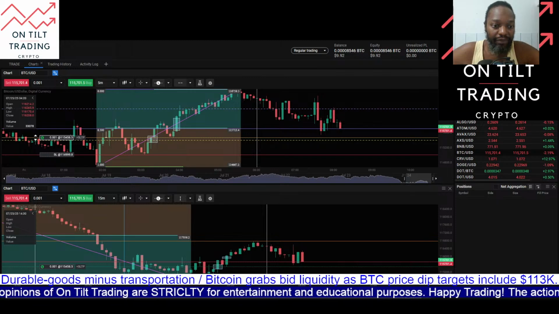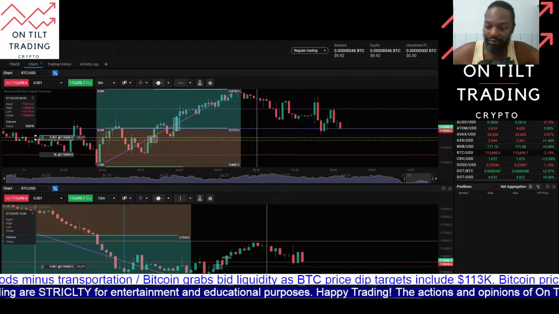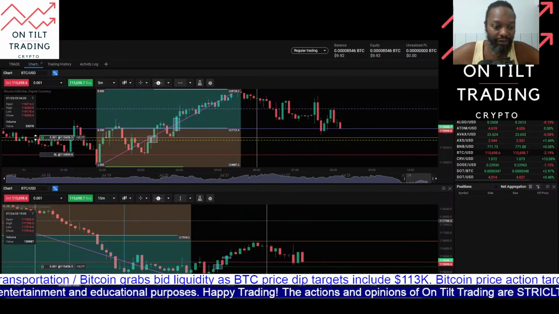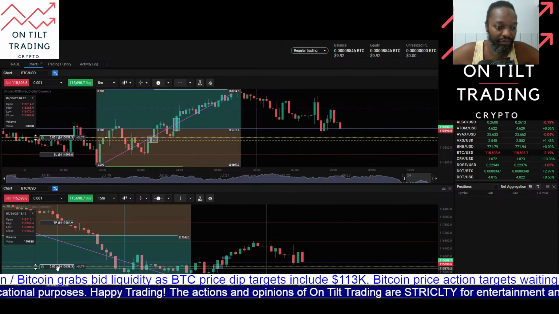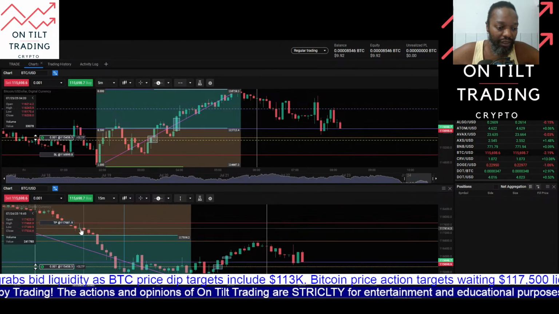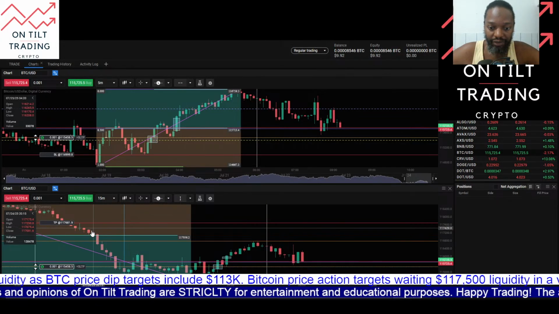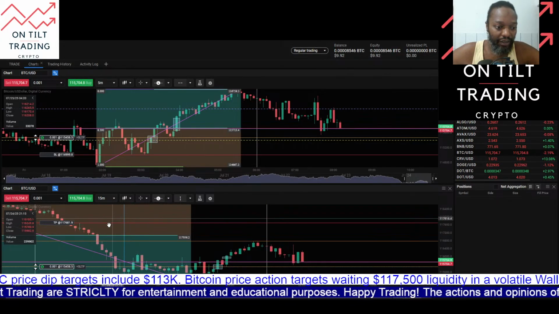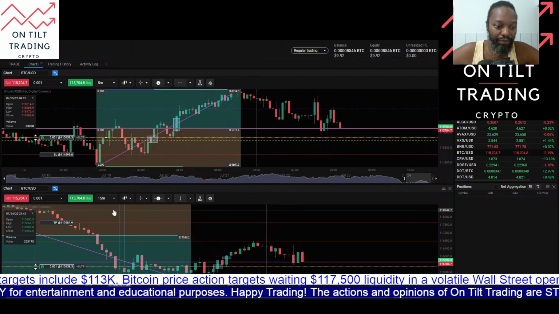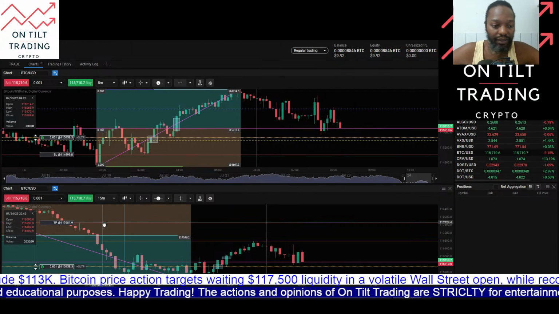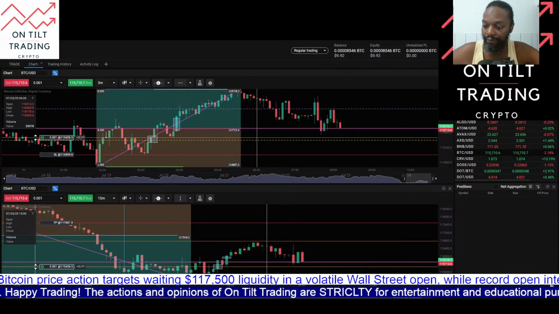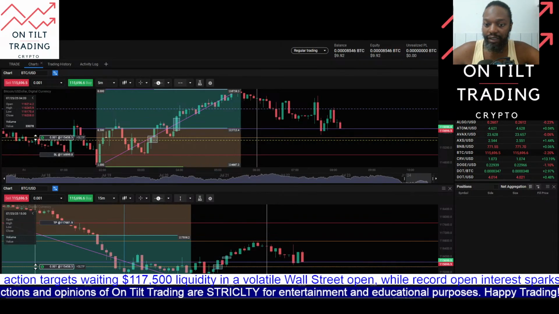for the fair value gap series of candles here, and as I mentioned, the take profit, pulling up the 15-minute, is this 15-minute swing high here. That is in an area of premium on the dealing range. So this is my trade setup.